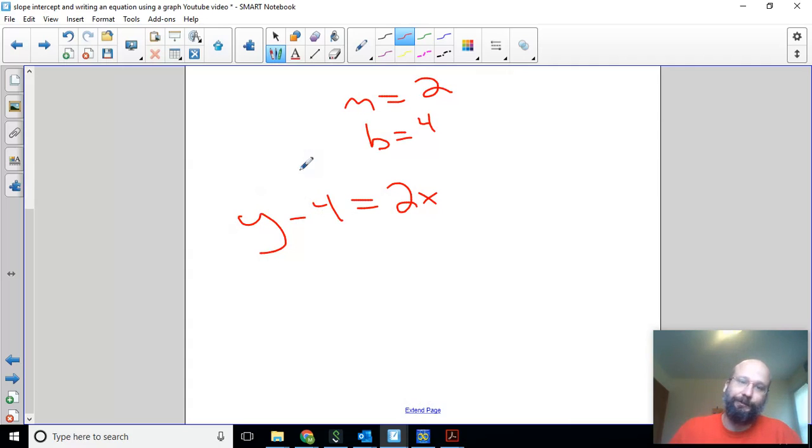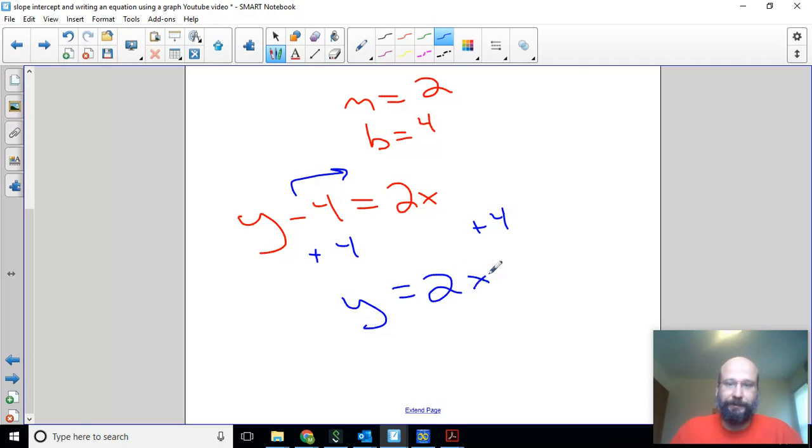So in order to solve this for y, we would have to move this minus 4 over. And to move a minus 4 to the other side, you add 4 to both sides. And now we have y equals 2x plus 4. And that is slope-intercept form.